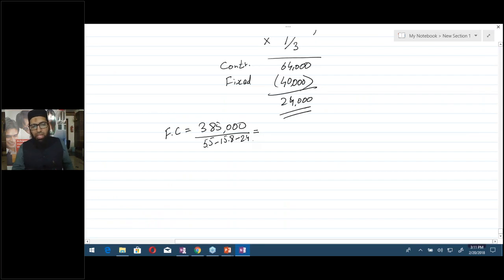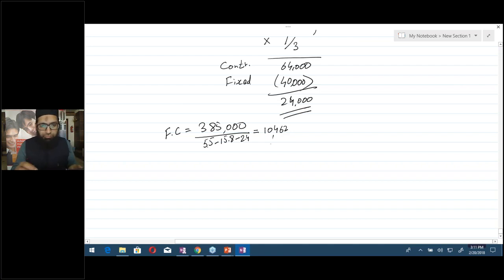So my break-even point will be, if you can calculate, 385,000 divided by 55 minus 15.8 minus 2.4. It will be 10,461.95. So if I round it off, it will be 10,462.